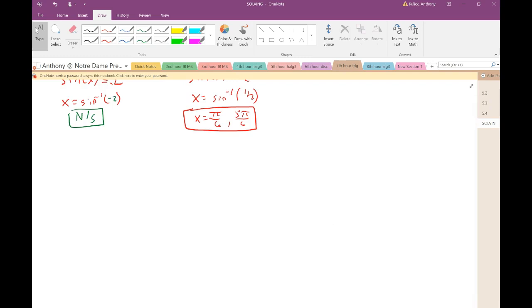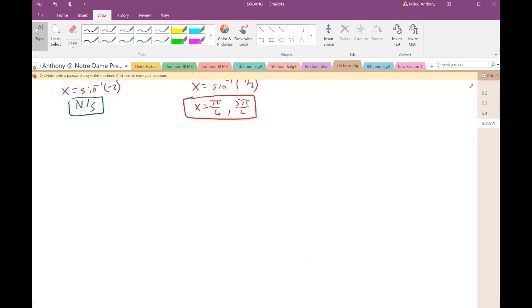Let's do another one. So, you guys remember how we had been saying that we had been wanting to get it equal to 0? What if I have something like this?